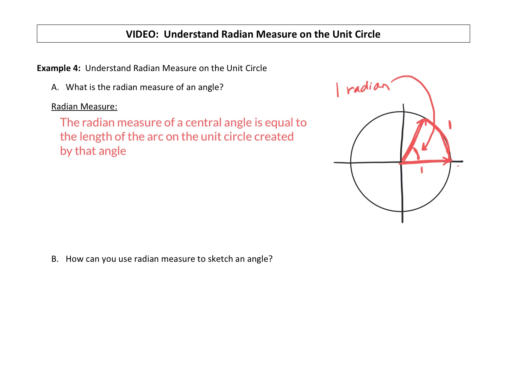So let's just talk about measuring angles. We know this is 0 degrees, this is 90 degrees, 180 degrees, and 270 degrees. In radians, because we have a unit circle with a radius of 1, everything's going to be in reference to the circumference of this circle.